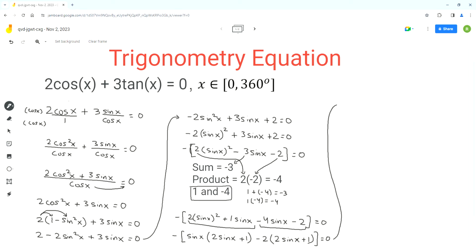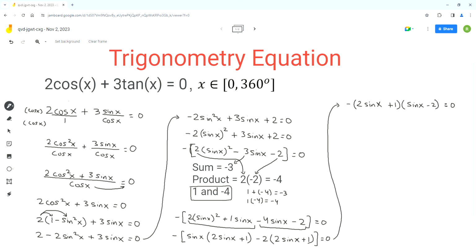Now we can write this equation in the factored form. So the first factor will be 2 sin x plus 1 because it's common to both terms. And then the other factor will be sin x minus 2 equals 0.